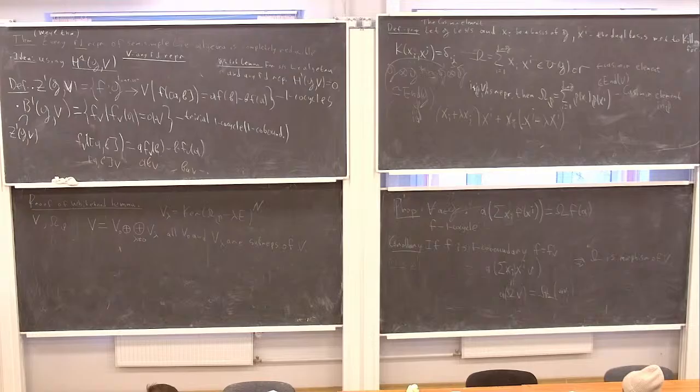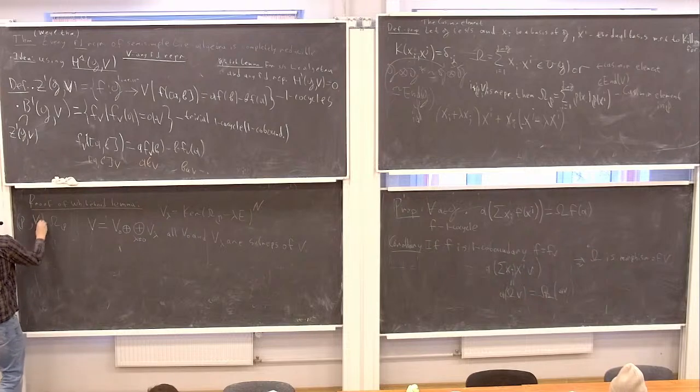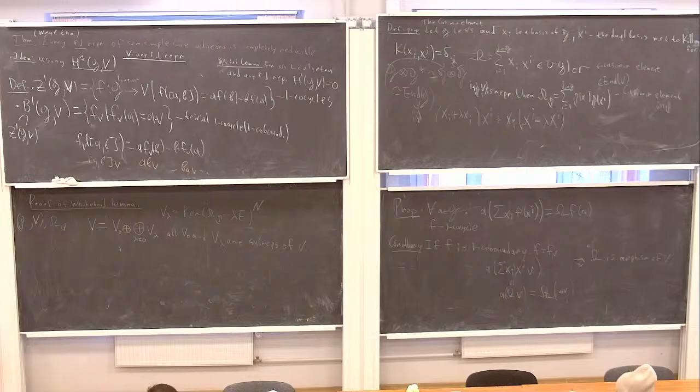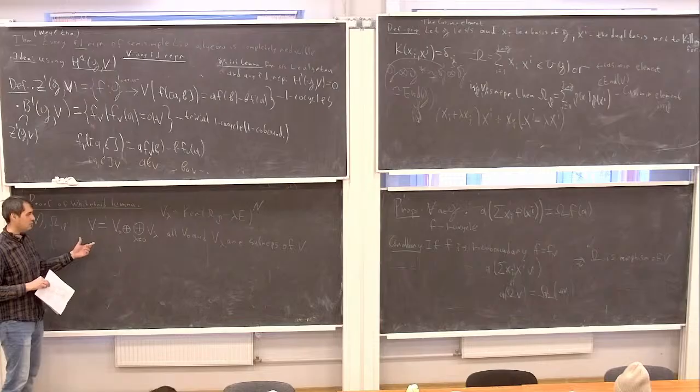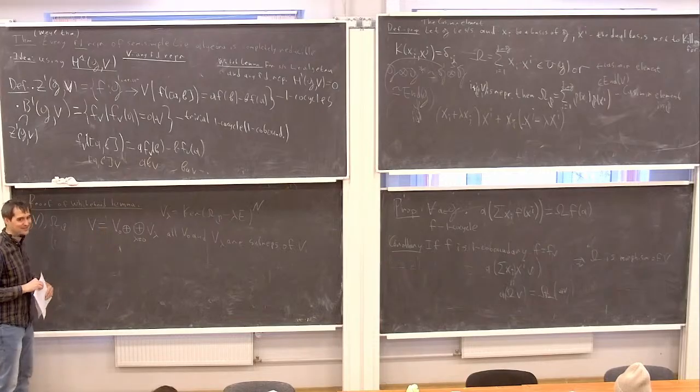Omega rho is a morphism of representation and it commutes. If you read in the lecture notes, the proof for SL2C also used this as well.